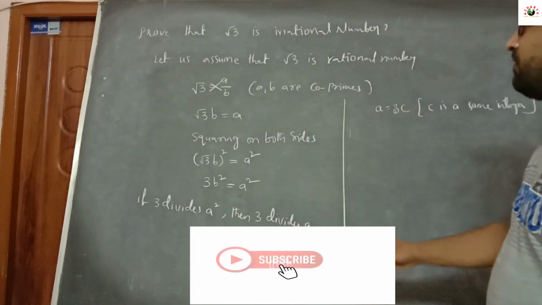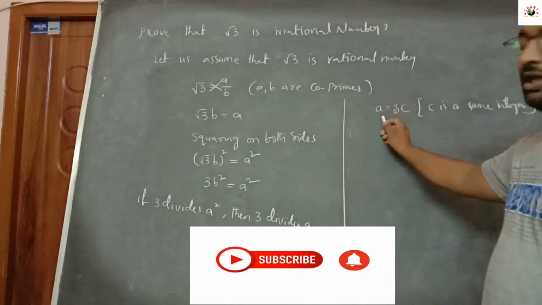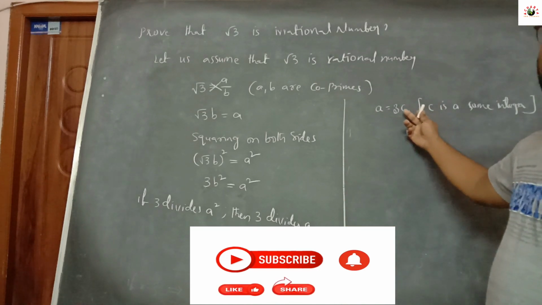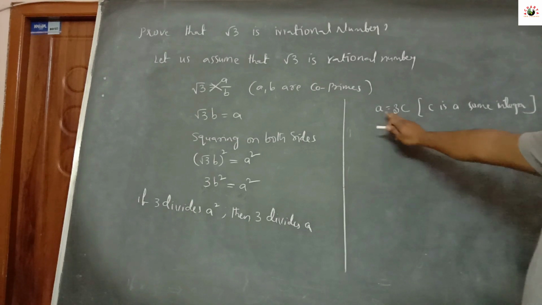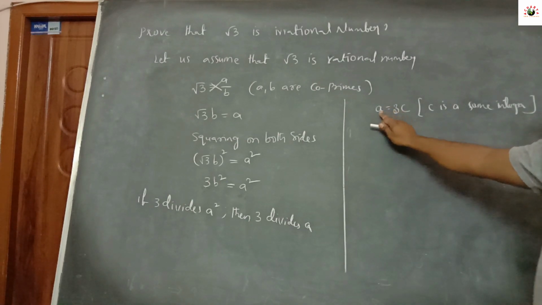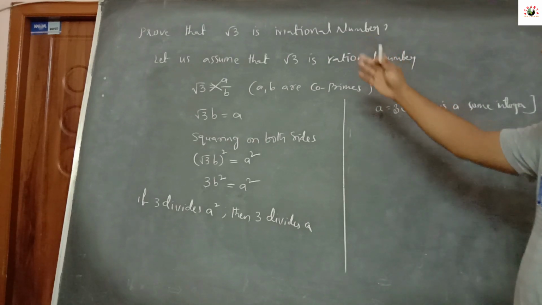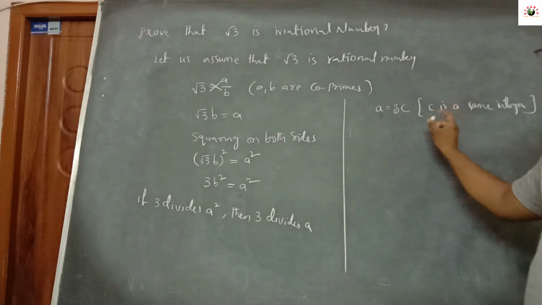For example, to prove root 5 is irrational, we take A equal to 5C. For root 2, we can take 2C. Root 3 means 3C, root 5 means 5C. Here C is some integer.